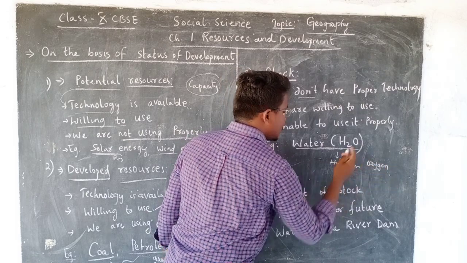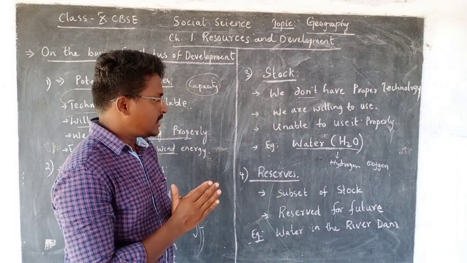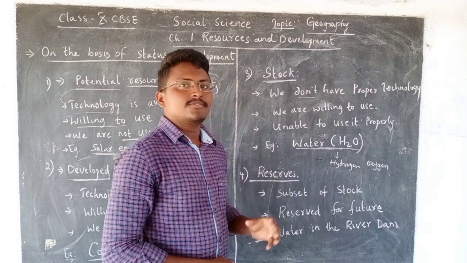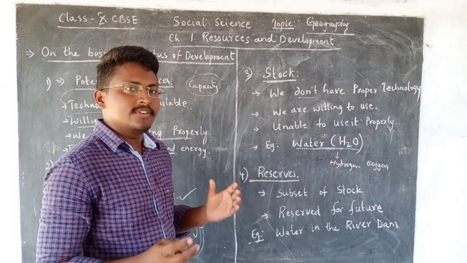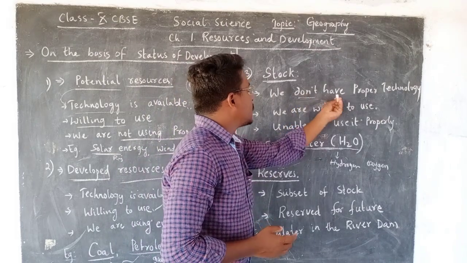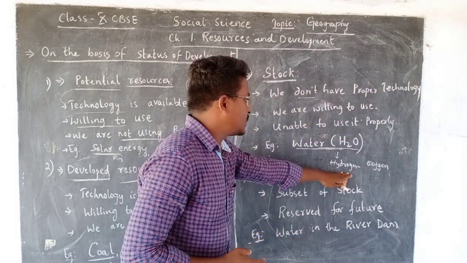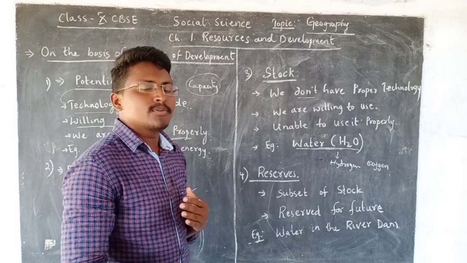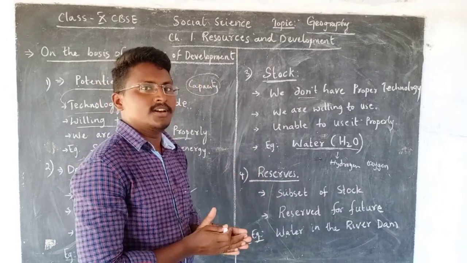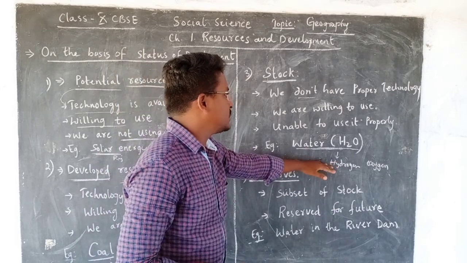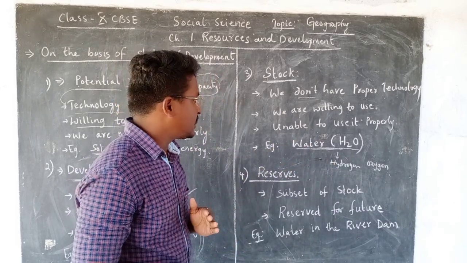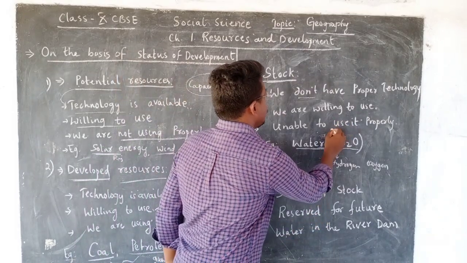If we have proper technology to separate this hydrogen and oxygen, we will have huge amounts of energy. But we don't have proper technology for separating this. Of course, some people might have tried, but in a large amount of energy, we are unable to separate this. That means we do not have proper technical know-how. That is why we are unable to use it properly.